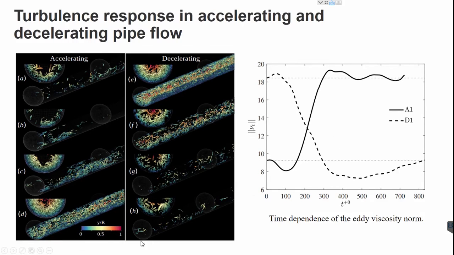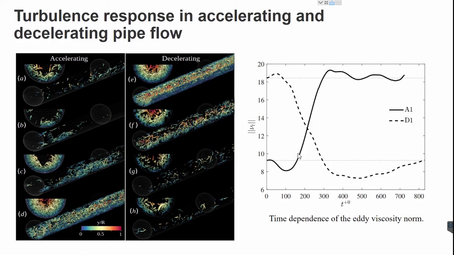And this is the behavior in the turbulent eddies identified by the lambda 2 criterion. I'm not going to explain this plot in depth, but it's interesting to see the eddy viscosity here. The eddy viscosity, which was one of the parameters used by Vardy and Brown to develop their 1D model, is telling us that for accelerating flows, the eddy viscosity is frozen actually for a very short period of time, you can see.